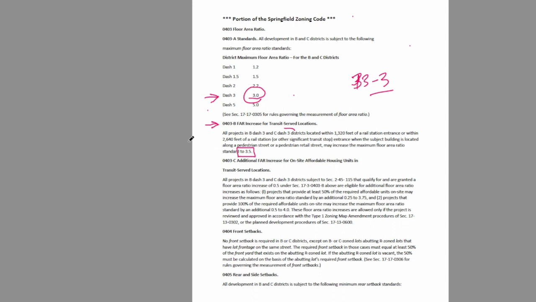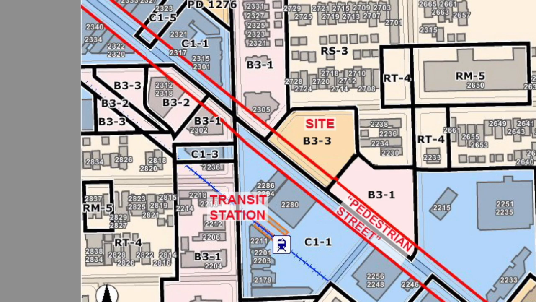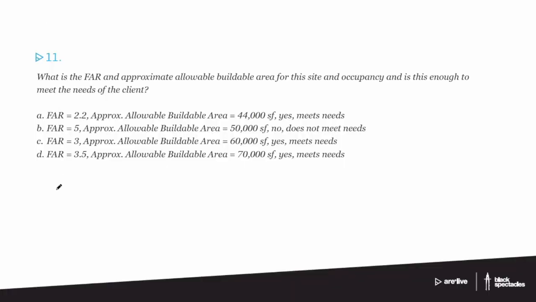So let's see, we already know the answer to this, but do we think we are within essentially half a mile of the transit station? Well, yeah, we're half a block away from the transit station. So we are definitely a transit-served location. And so we are able, in that case, to bump up from a FAR of 3 to an FAR of 3.5.